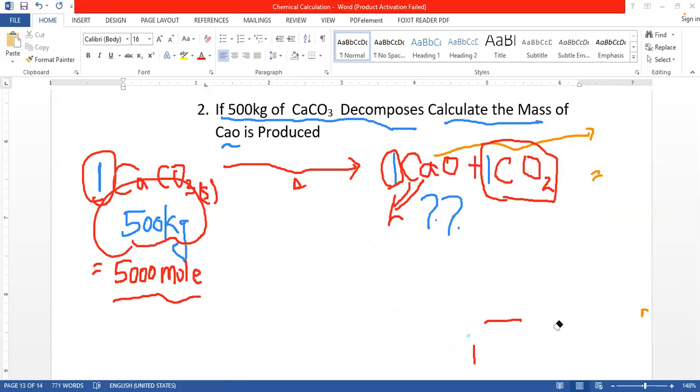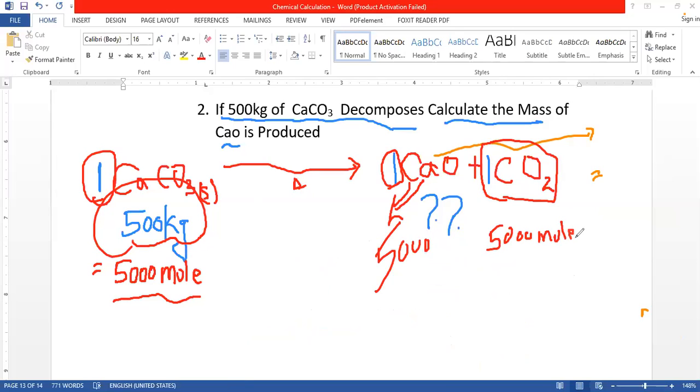Look now, I'm going faster. If this is 5,000 mole, this also 5,000 mole, and this ratio is also 1:1. Look at this blue color: carbon dioxide also 5,000 mole.